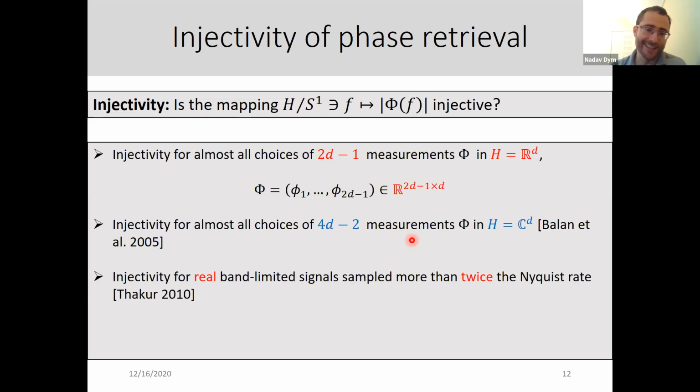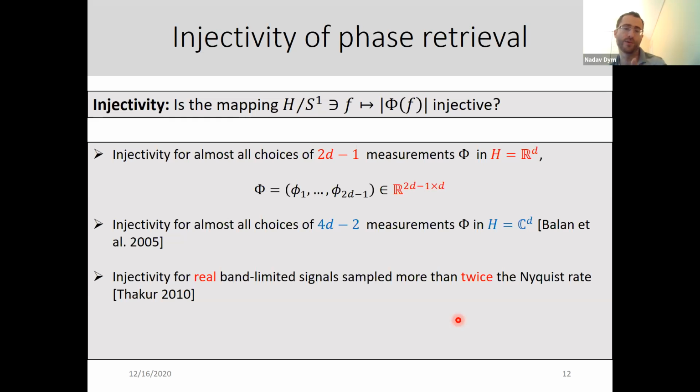Additionally, if you're asking about infinite dimensional Hilbert spaces, yes, we also have results about that. For real band limited signals, if you sample them at twice the Nyquist rate, then you have injectivity. It's really the analog of this result, because the Nyquist rate is what you would need to reconstruct the signal if you could keep the phase.